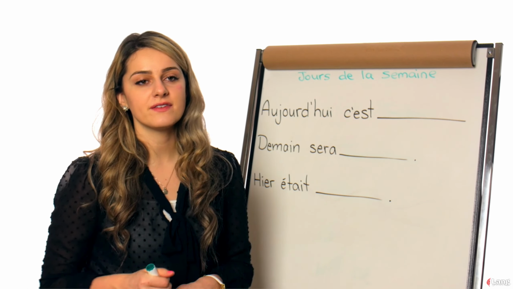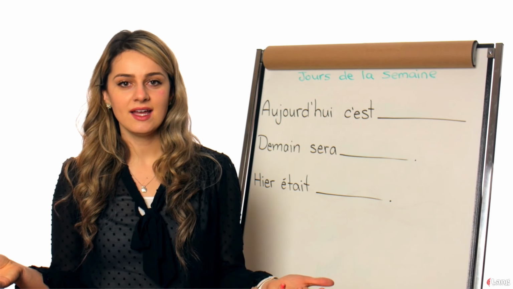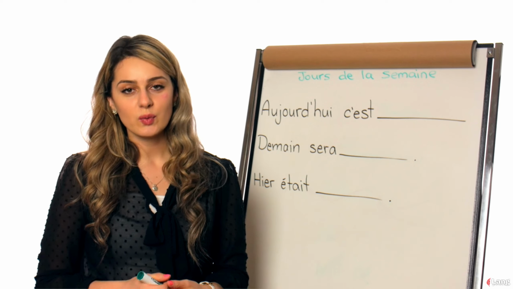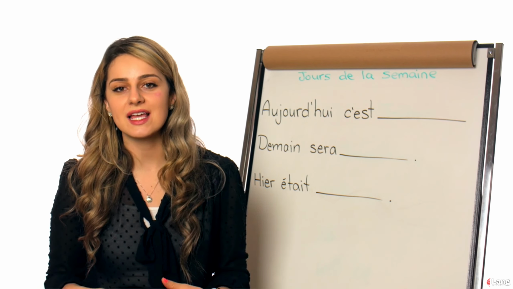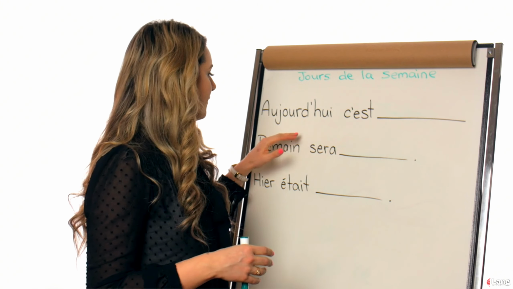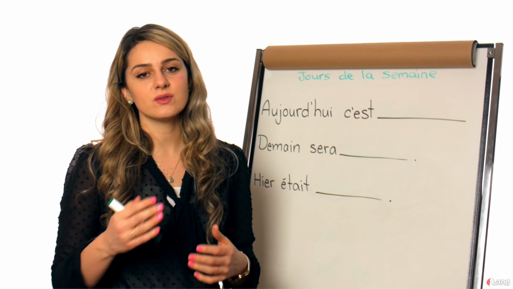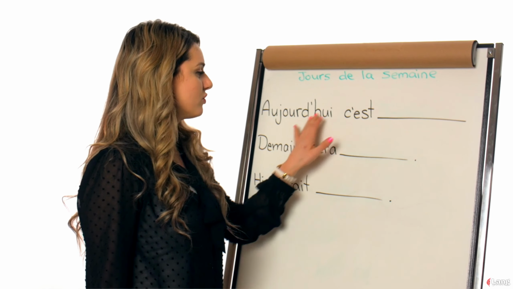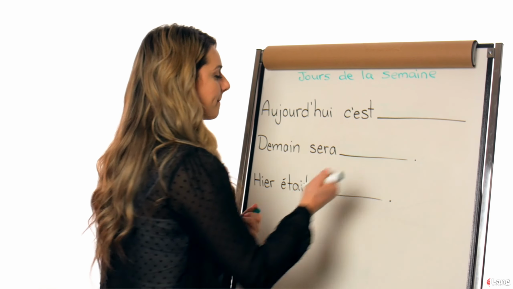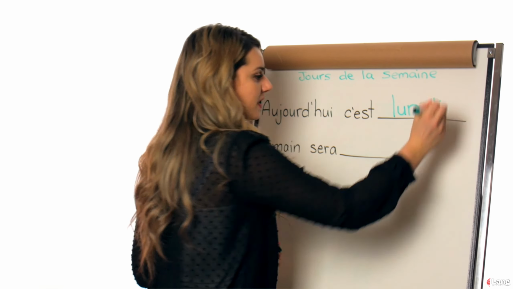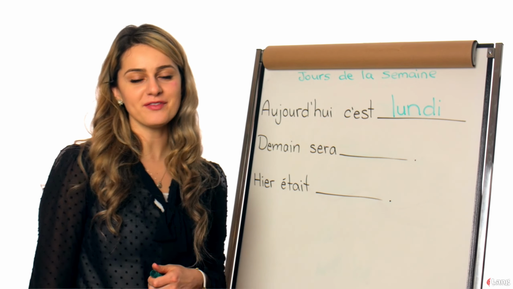So, if today is Monday, how can you complete these 3 sentences? Again, we're going to assume that today is Monday. So, for the first sentence, today it's, we say, aujourd'hui c'est lundi. Good job if you got it right.